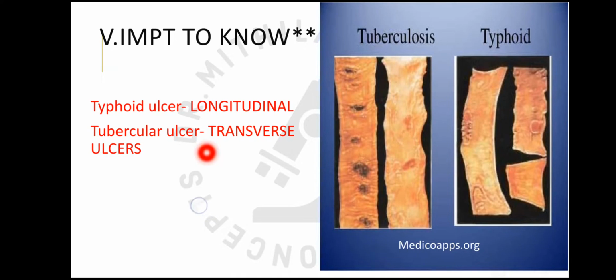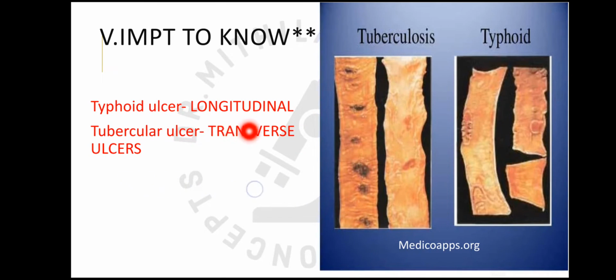Now another important point to know is that there can be ulcers seen in typhoid, which is caused by Salmonella, and tubercular ulcers also. So what is the difference in these ulcers? This is often asked when a specimen of intestinal tuberculosis is given to you in the Viva on gross specimens.